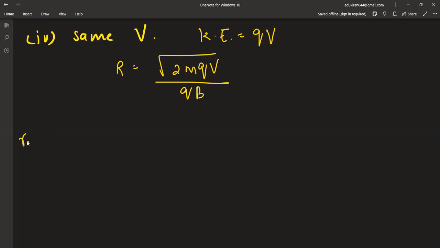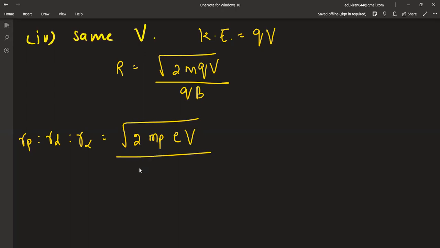Now come back to ratio of proton, deuteron, alpha particle. So this is 2 mass of proton, electronic charge, same potential. Electronic charge, same magnetic field is 2.